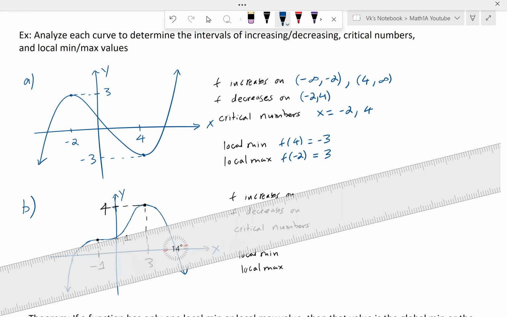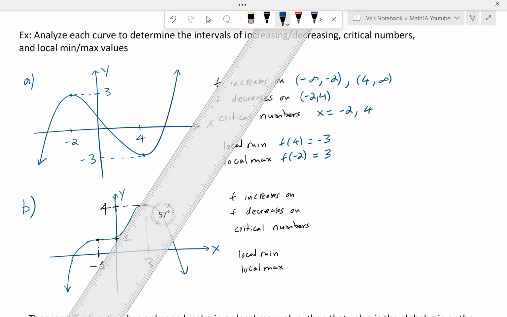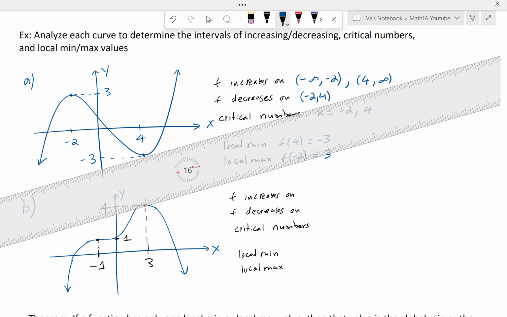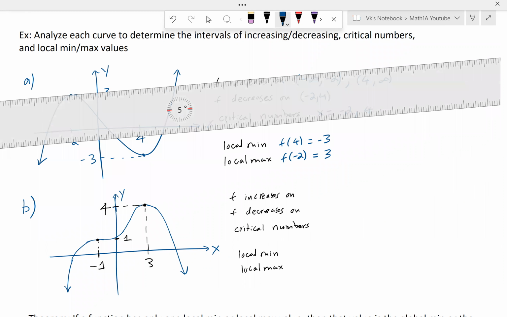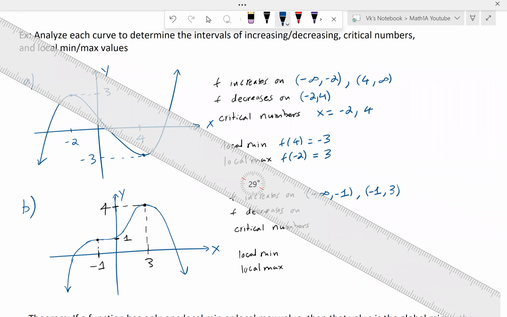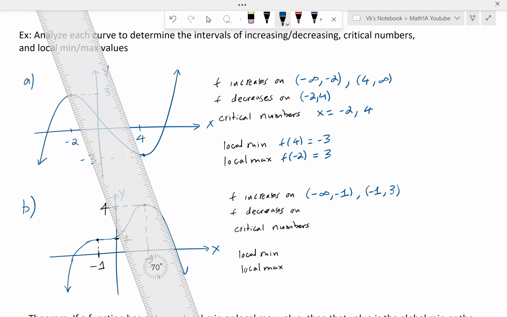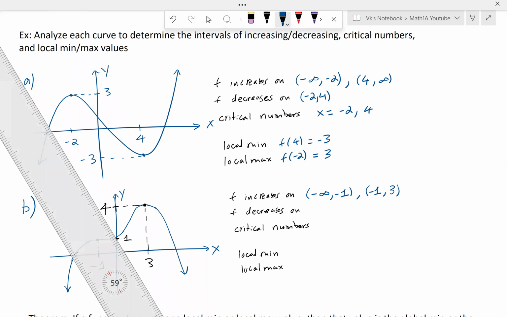And then it is positive, positive, positive. So f is increasing on negative infinity to negative 1, negative 1 to 3. And then decreasing when it has the negative slope. Yeah, so that is from 3 to infinity.